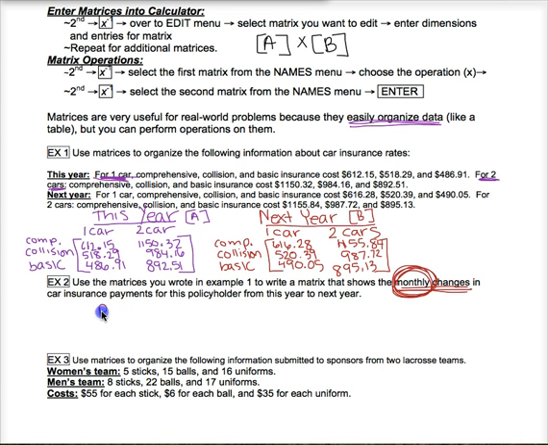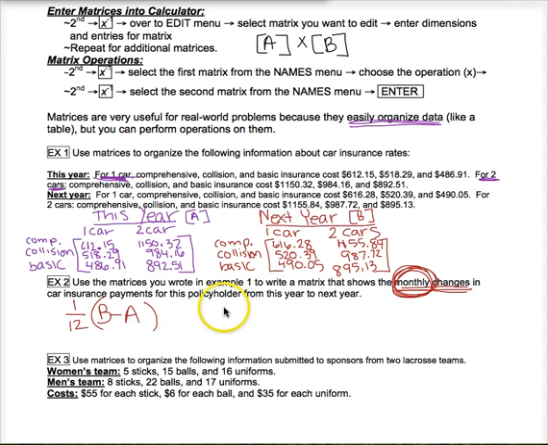Hopefully most of you would get B minus A, because that's the difference. And then monthly means you're going to divide by 12, or in this case multiply by 1/12, because we don't have matrix division. So if you want to divide, you have to multiply by the reciprocal. So you are using your calculator here. That's the reason for this.